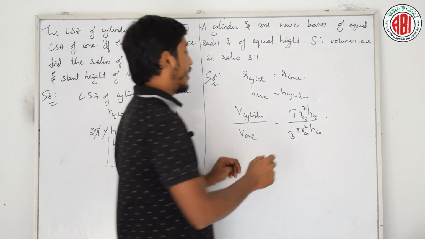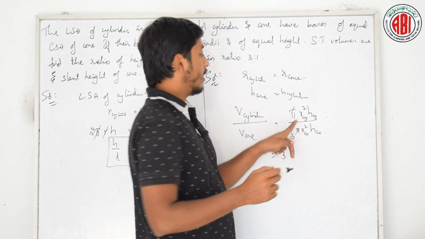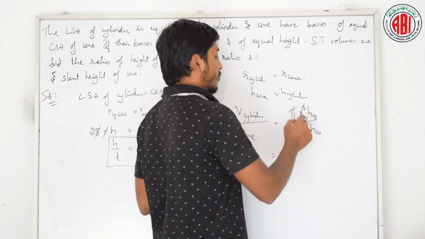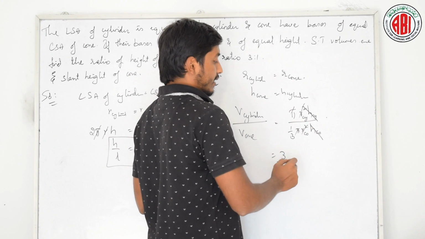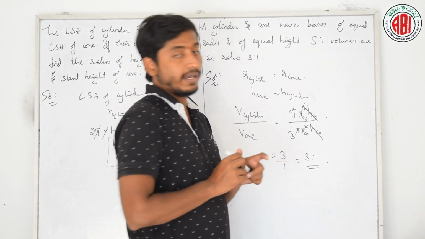Now see here, pi will get cancelled, 3 will go to the numerator. He gave r of cylinder equal to r of cone, therefore these will get cancelled. Height of cone is equal to height of cylinder, so these will get cancelled. This will become 3 by 1, that is nothing but 3:1.